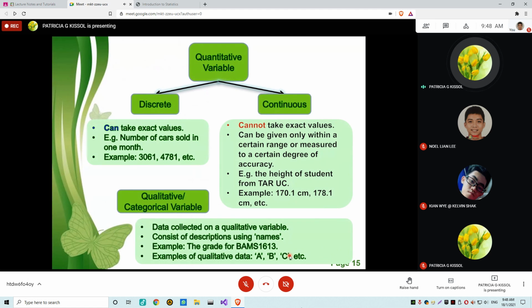There's no numerical value assigned to qualitative data, but we can categorize it. We can say you're an A student, a B student, or a C student. Just like blood, some people have A blood, B blood, or O blood. You can categorize the blood, but you cannot put a numerical value to it.